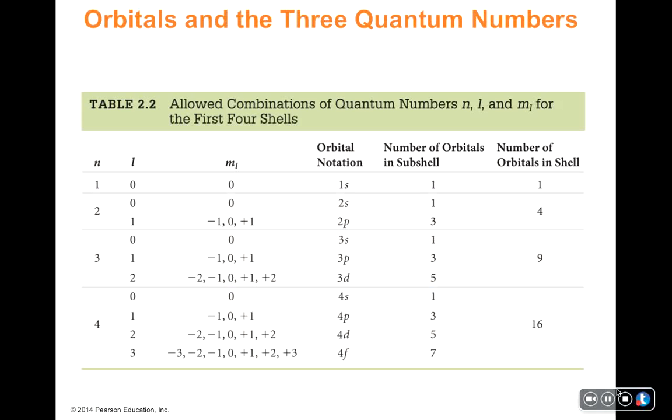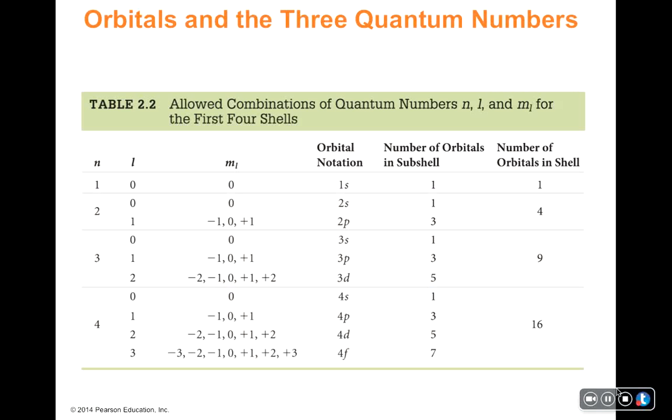The L is going to tell you what subshell you have. So notice when n equals 1 and L equals 0, the only orbital we have available is S. It's the 1s orbital, the 1 coming from n. Where n equals 2, the orbitals there are 2s and 2p. If you look at n equals 3, you have 3s, 3p, and 3d.